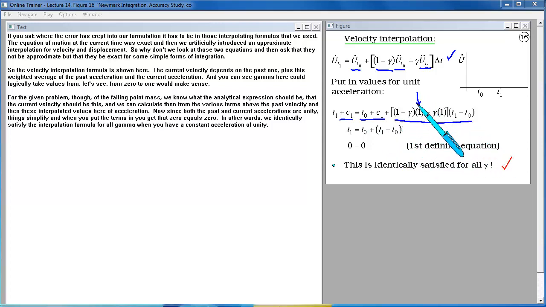Now, since both the past and the current accelerations are unity, things simplify, and when you put the terms in, you get that 0 equals 0. In other words, we identically satisfy the interpolation formula for all gamma when you have a constant acceleration of unity.